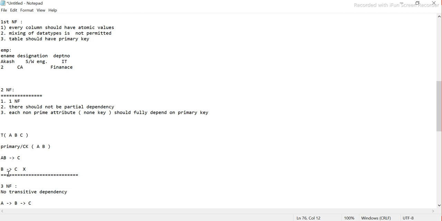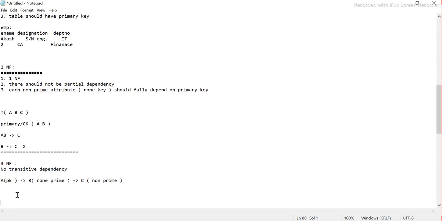Let's say A is a prime attribute or primary key, for example, and B is a non-prime, non-key attribute. And C is, let's say, again non-prime. In this case, what is happening, guys?